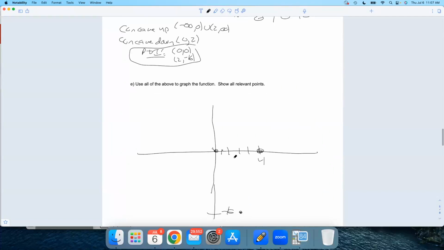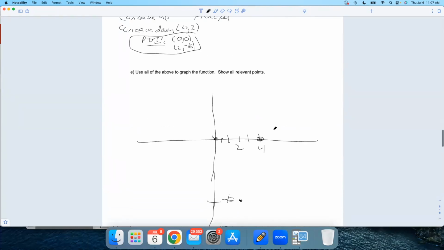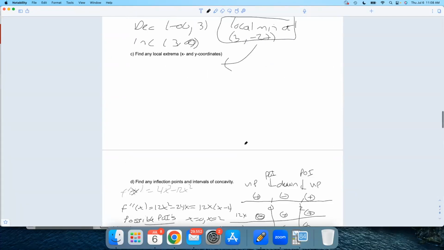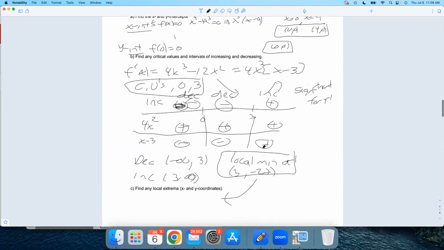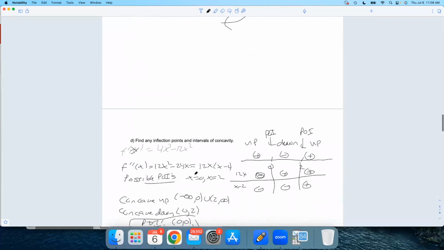So this was at 2 there. At 3, we're down at negative 27. We were decreasing all the way to 3 and then increasing from 3 afterwards.